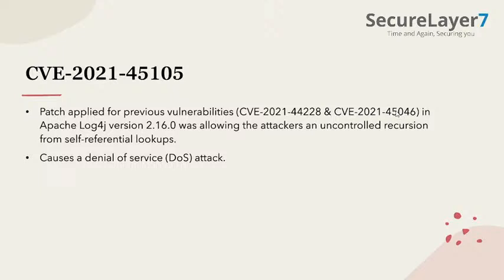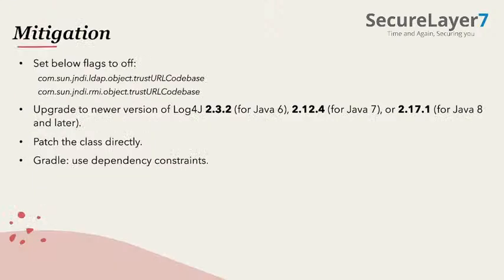After that, they tried to completely patch that vulnerability again, and at the end, the Log4j team decided to completely remove the support for JNDI, right?